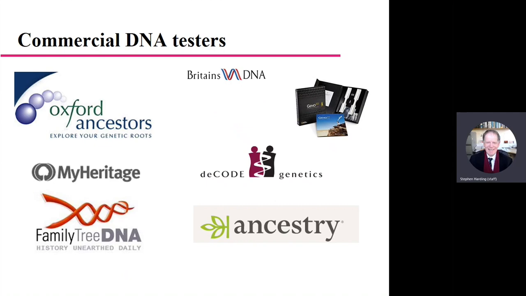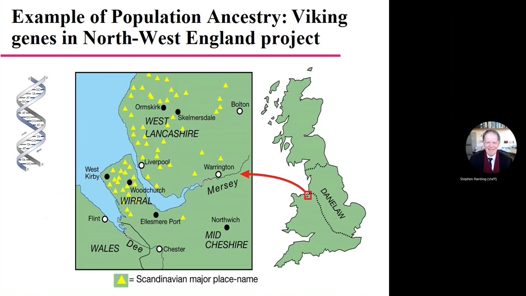Decode Genetics has been around for a long time, nearly 20 years. That's based in Iceland. But MyHeritage, Ancestry, and Family Tree DNA are some of the common ones. Family Tree DNA is also very good. But these DNA testers are only as good as their databases. So as databases increase, the method becomes more and more powerful.